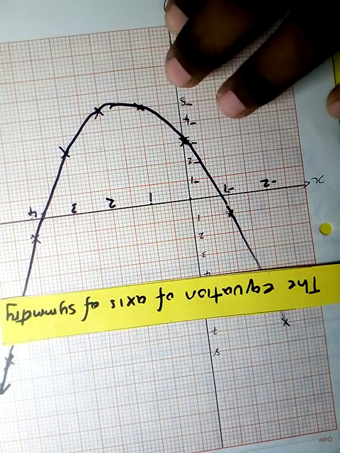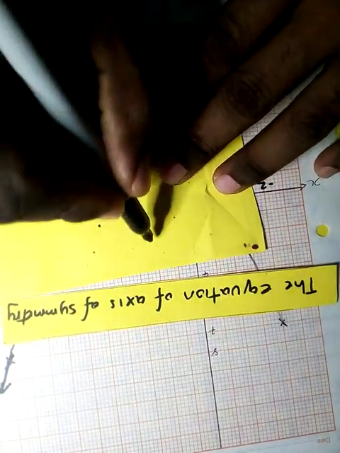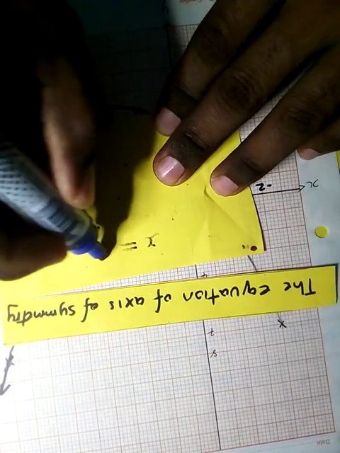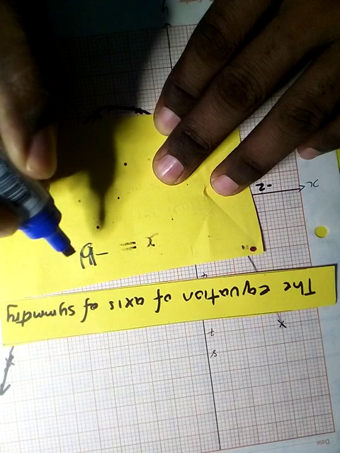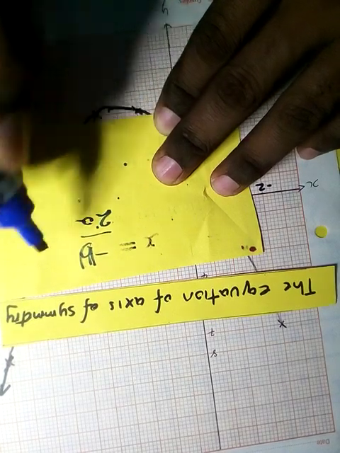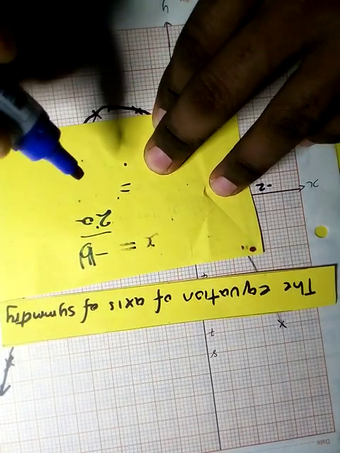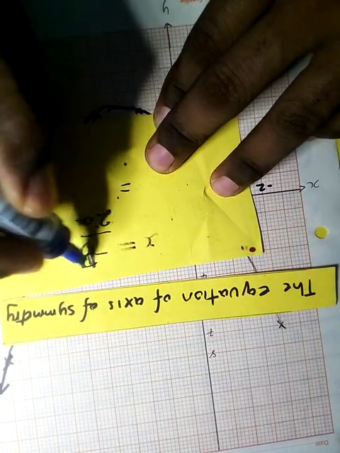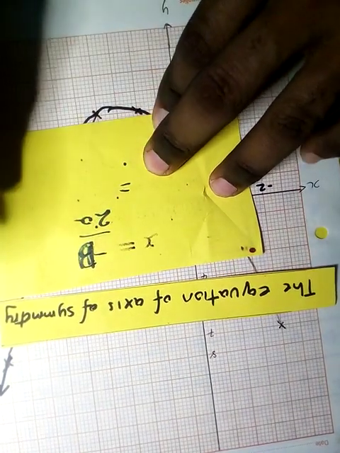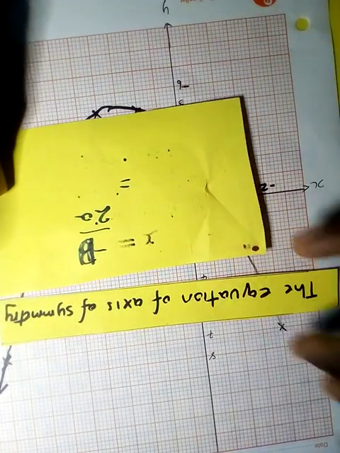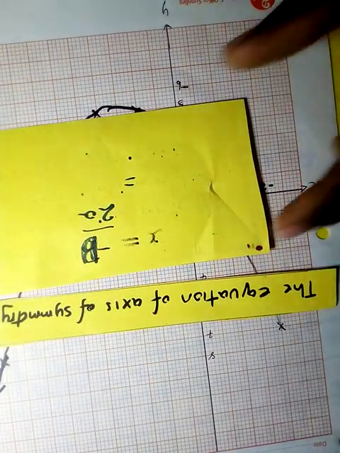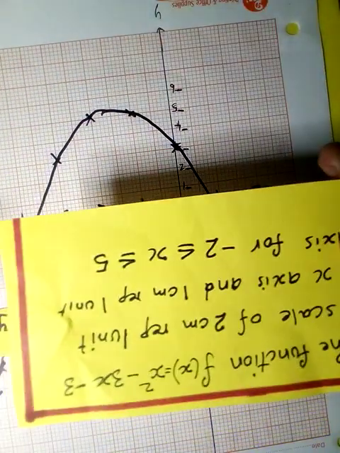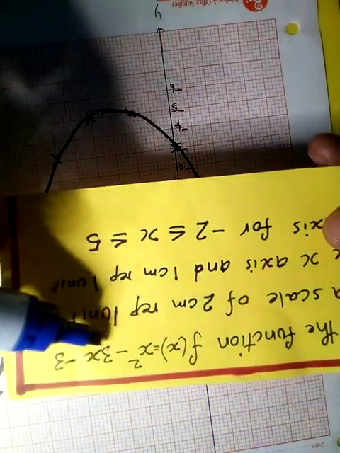But a formula to find the answer, which is sure, is x equal minus b over 2a. And you plug in the values. So x equal minus b over 2a. So from the question that was given, b was negative 3.